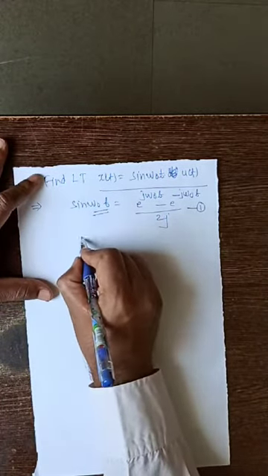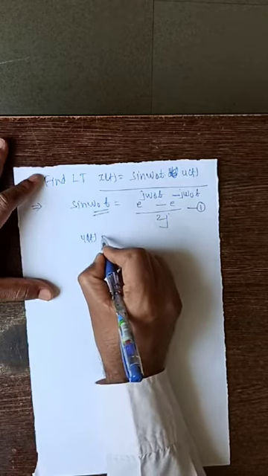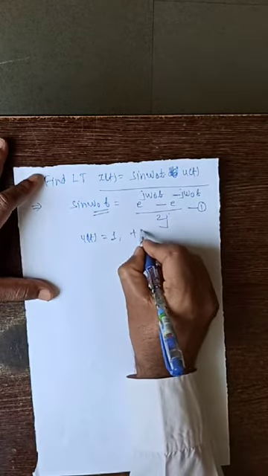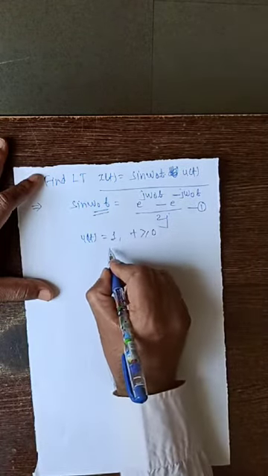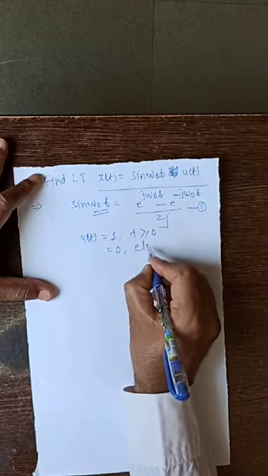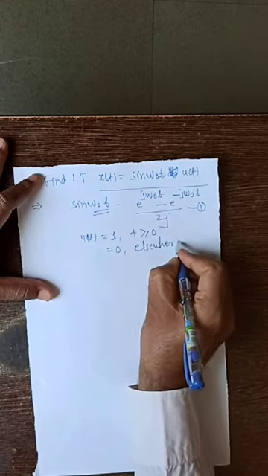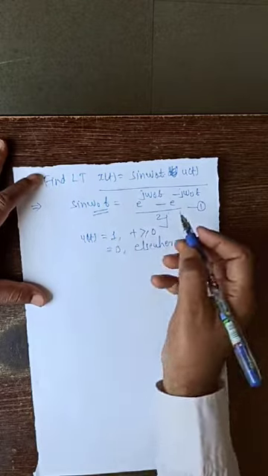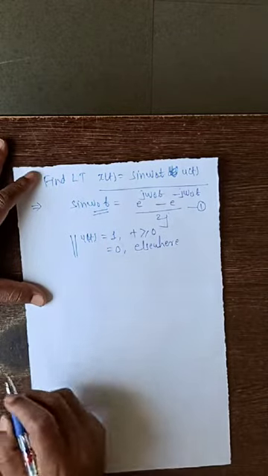So one more thing again, u of t. So that u of t is equal to 1 for the values of t greater than or equal to 0. It is equal to 0 elsewhere. So these two things we require while solving this example.